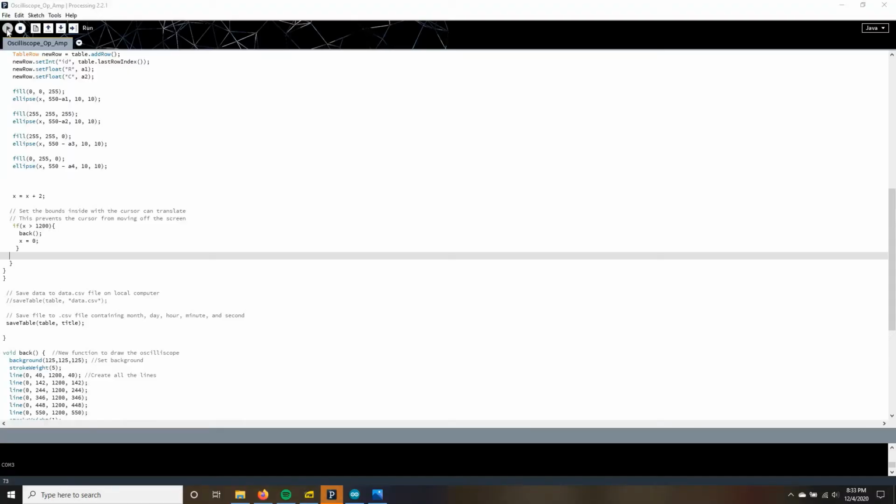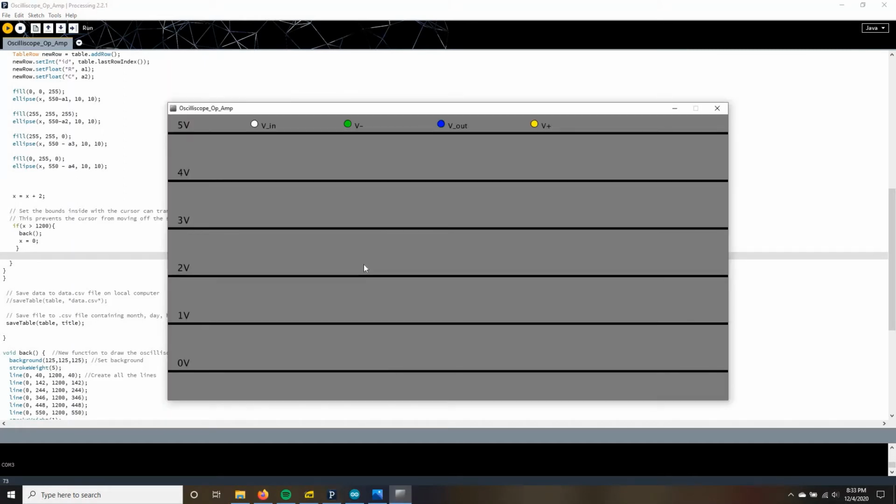This is my unity gain amplifier circuit. Now I'll run the code for the unity gain op-amp. As the code starts up, you'll see that V out and V negative will follow V in and V positive. This won't exactly be visible because V negative is covering V out and V positive is covering the V in dots.